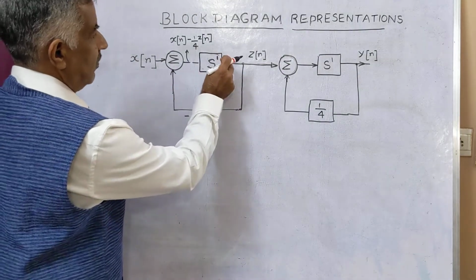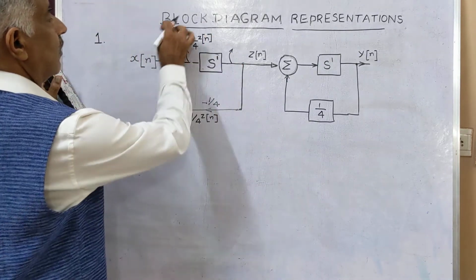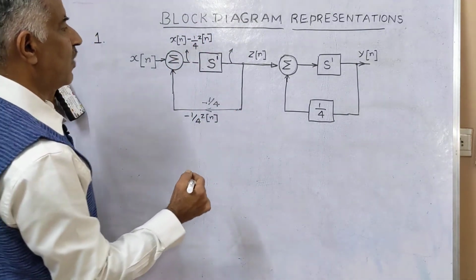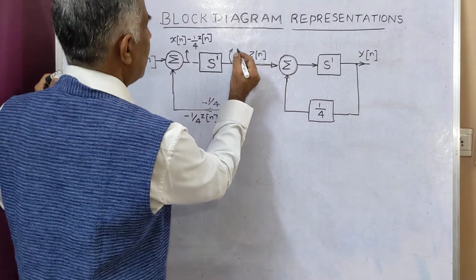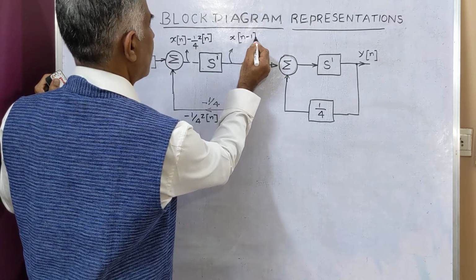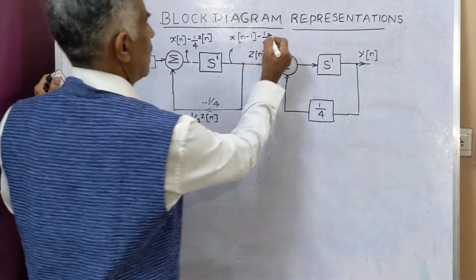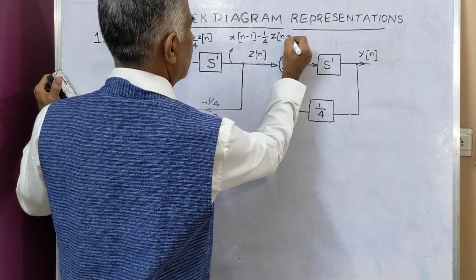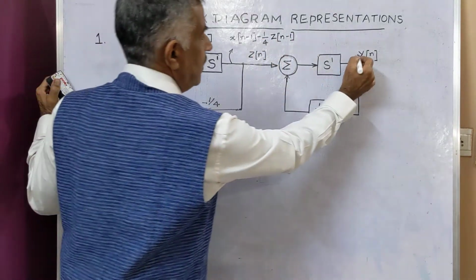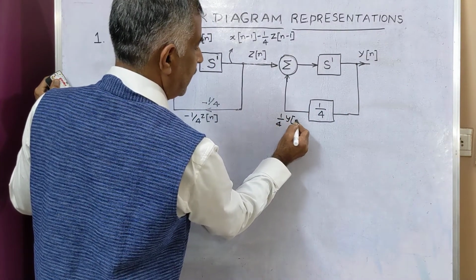Now what is the signal here? The signal here is the shift of 1 unit on this signal. Wherever there is n, replace it by n minus 1. Therefore, the signal here is x of n minus 1 minus 1 by 4 z of n minus 1. Next, this is y of n.